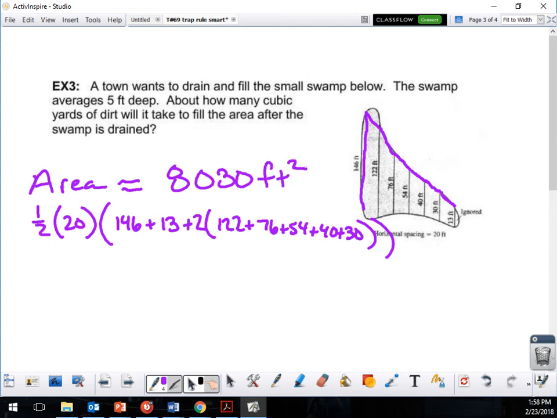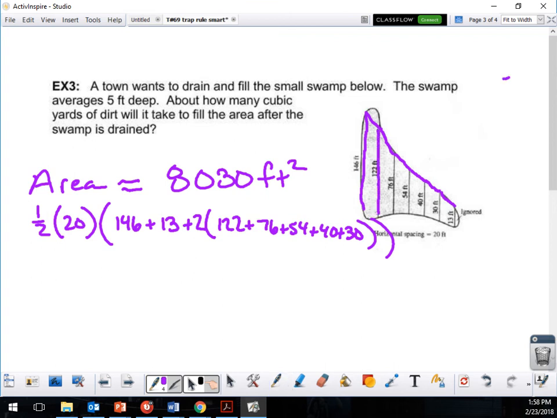Very good, feet squared. Why the 2? Think of it like this. Let's say this is A. See this piece right here? It's in 2 trapezoids.